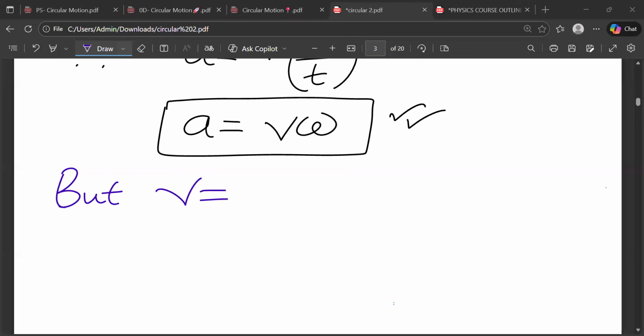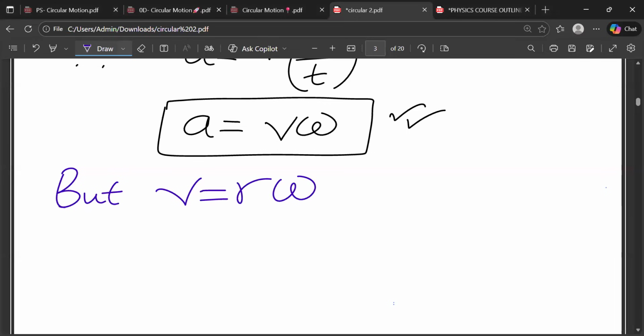The formula of velocity is equal to radius times the omega, which is our angular velocity.